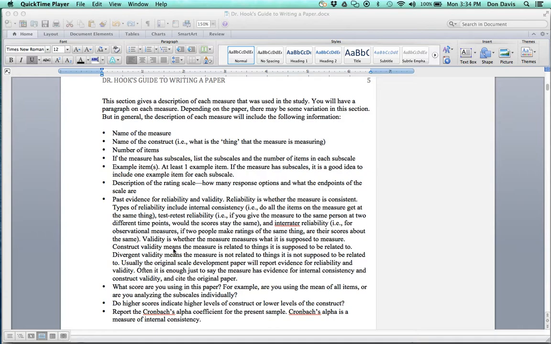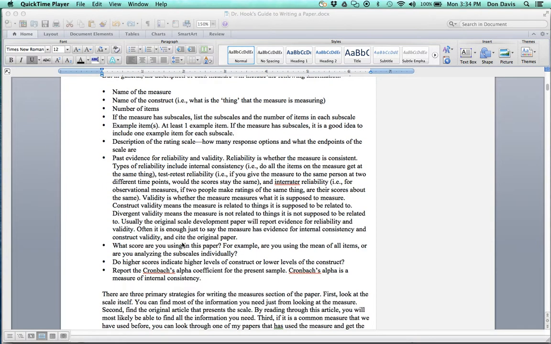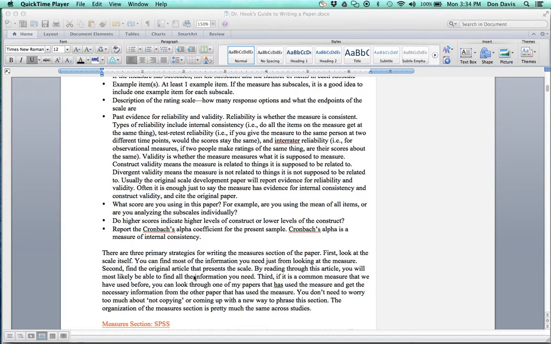In other words, what evidence is there that the measure is related to things it should be theoretically and unrelated or moderately related to things that it shouldn't be. And then typically some statement about scoring, and ending with the Cronbach's alpha for the current measure.